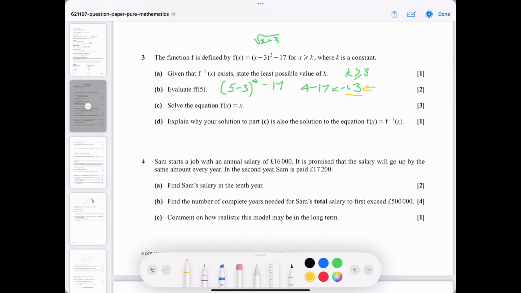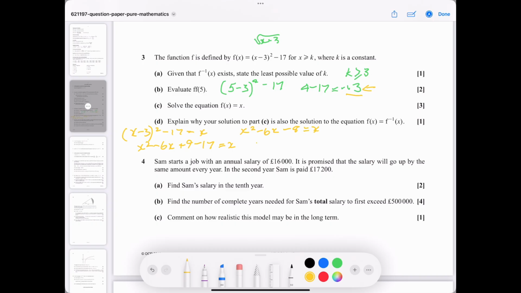Solve the equation f of x equals x. So let's do it down here: (x minus 3) squared minus 17 equals x. Then we'll expand the brackets and we get x squared minus 6x plus 9 minus 17 equals x, and that gives us x squared minus 6x minus 8 equals x.